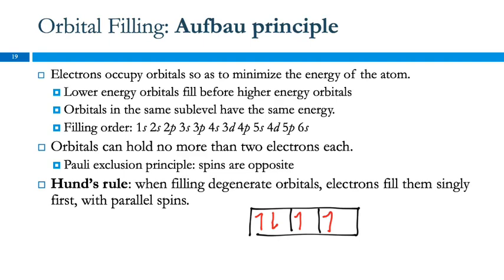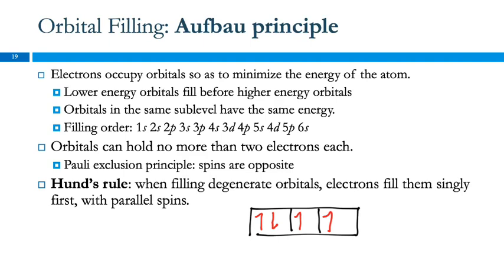Pardon me? So the principle and the rule are the same thing, do you know? Yeah, my slide doesn't really define what the Aufbau principle is. It has to do with the filling of the orbitals from the lowest energy. So Hund's rule applies in the umbrella.